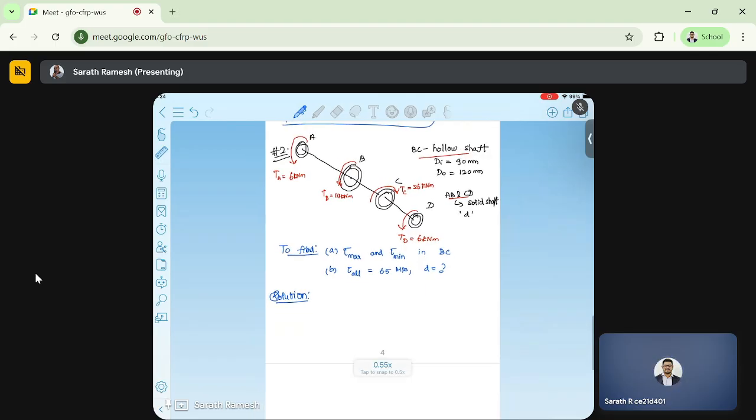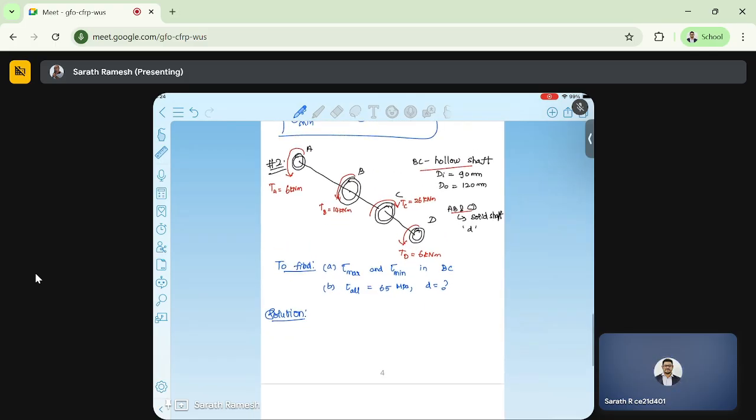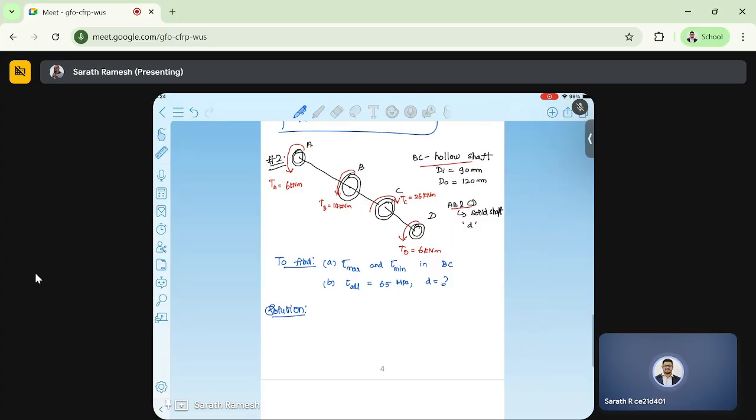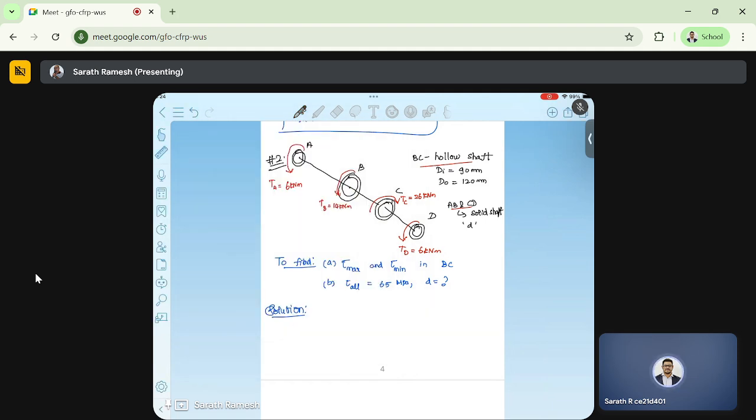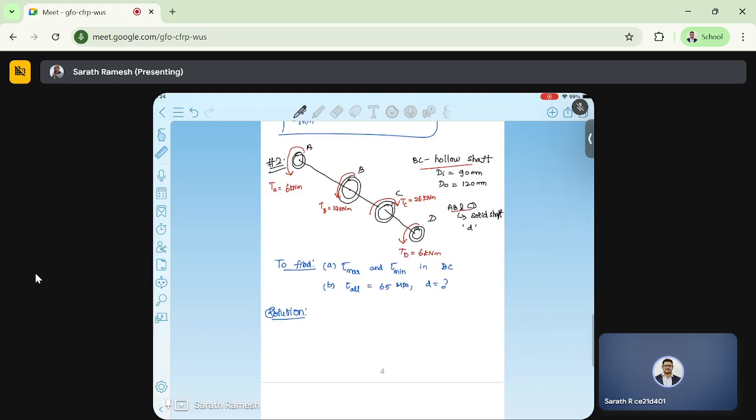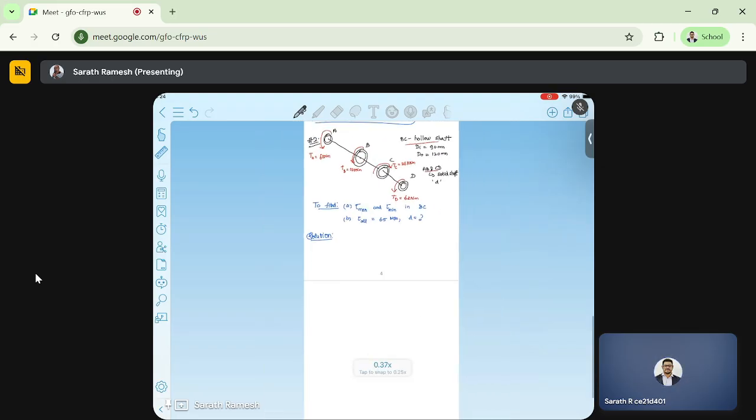First, we need to solve for the shaft BC. For that, we need to draw the free body diagram. Drawing the free body diagram is very important. Once we can draw it accurately, we can easily solve the problem. Let's redraw. I am going to cut each of the sections AB, BC, and CD separately.